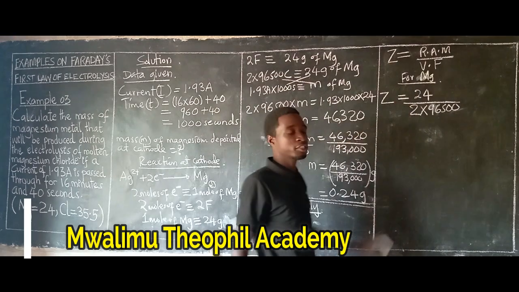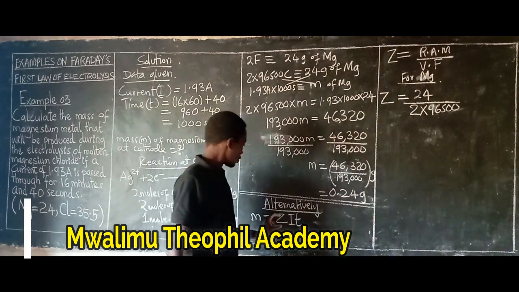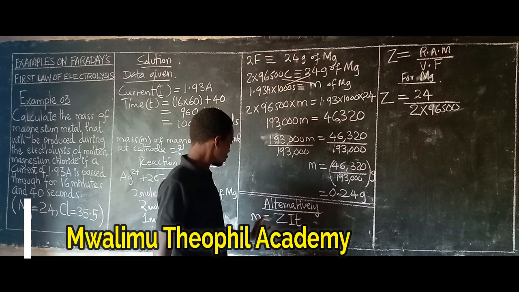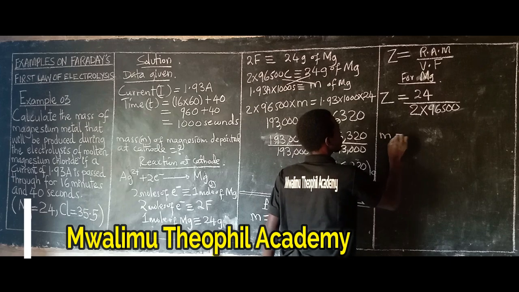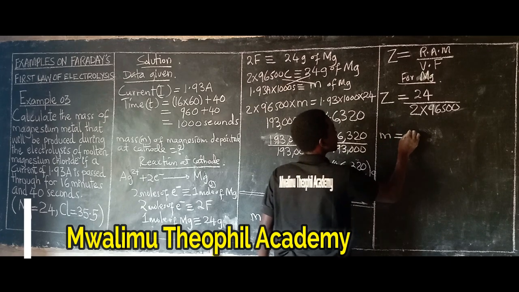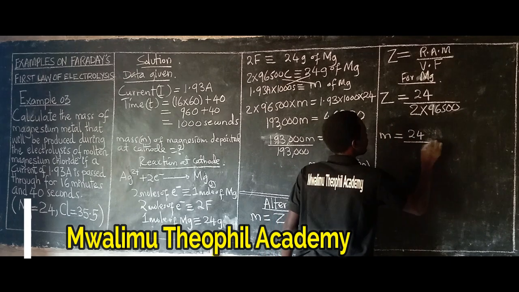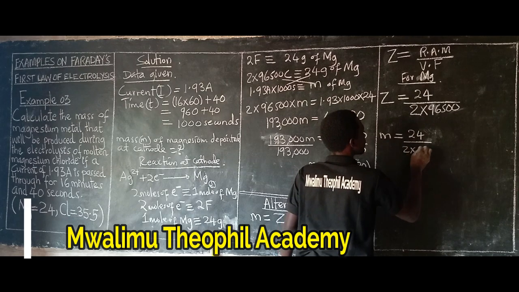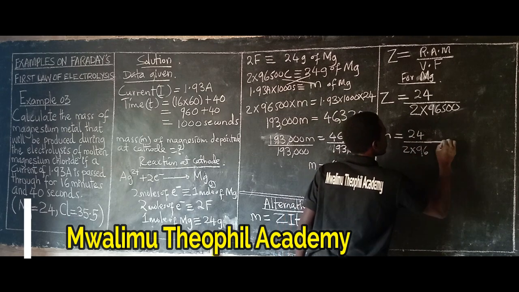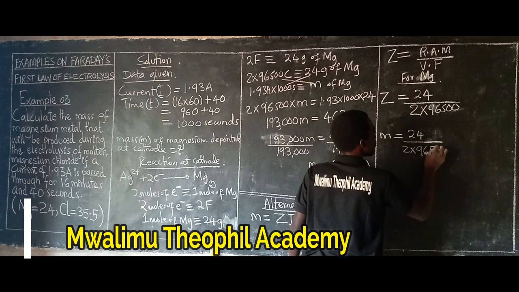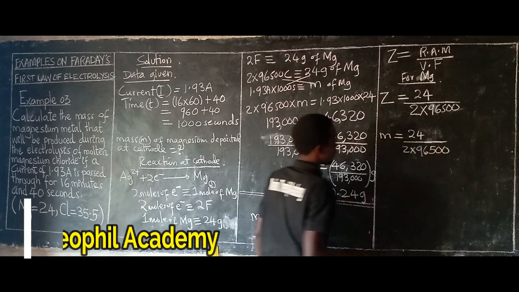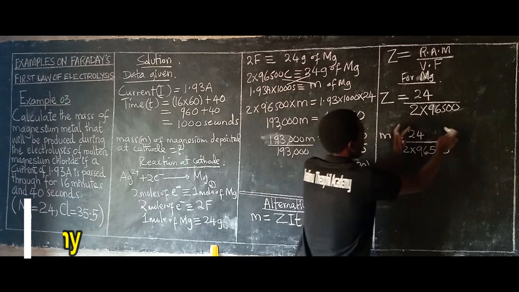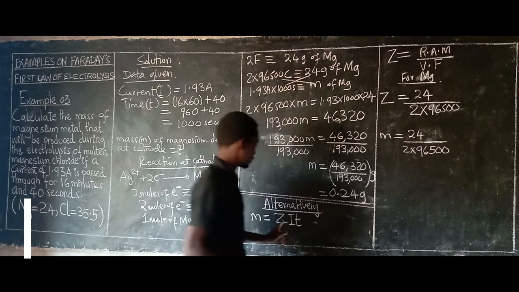After getting this electrochemical equivalent of magnesium, now we are able to compute it in this formula so as to get mass. Our mass will be equal to the electrochemical equivalent, which is 24 over 2 times 96,500.